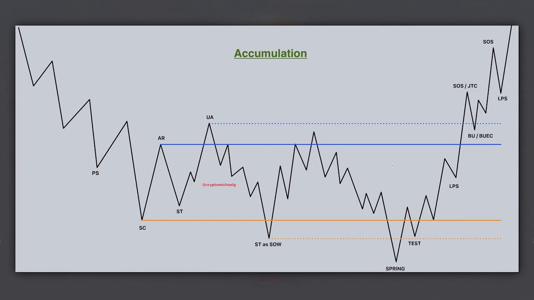So the first sign of buyers or sellers coming in is what's known as the preliminary stop. This is the part here. So the PS. Preliminary stop, also known as the preliminary support in accumulation or the preliminary supply in distribution, shows the first sign that buyers are stepping in.